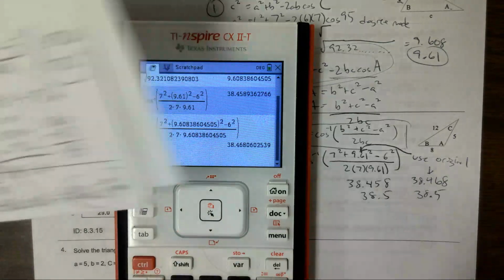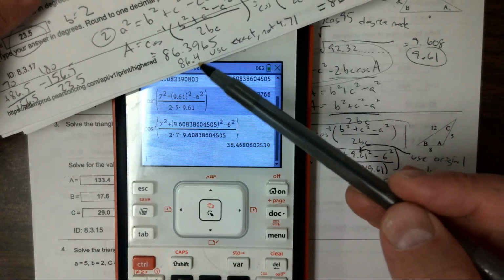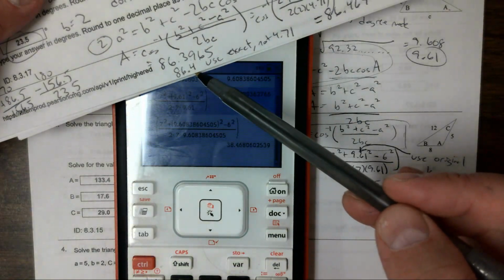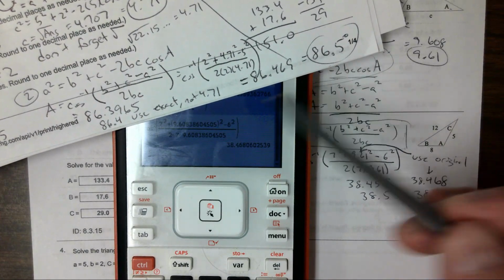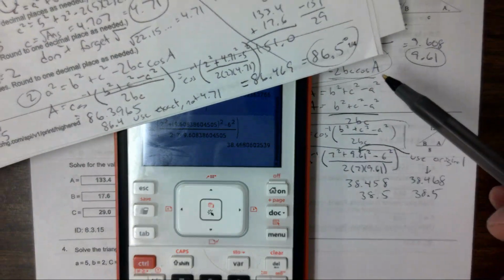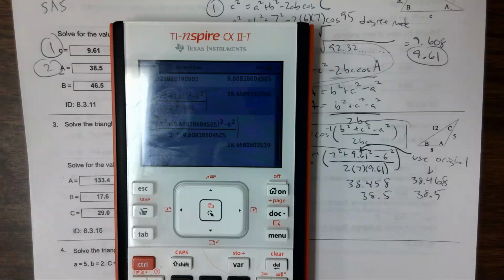I can tell you when I worked this yesterday, that when I worked it with one way, I got 86.4, and with another way, I got 86.5. So that's the reason why. I'm not just trying to be difficult, but that's what you need to know, that sometimes it's going to be off a little bit unless you use the exact.